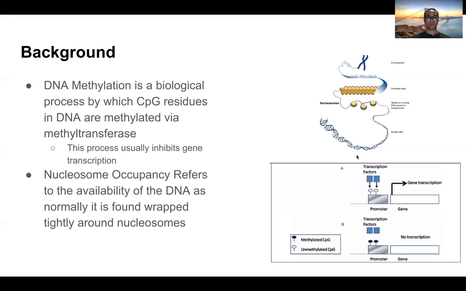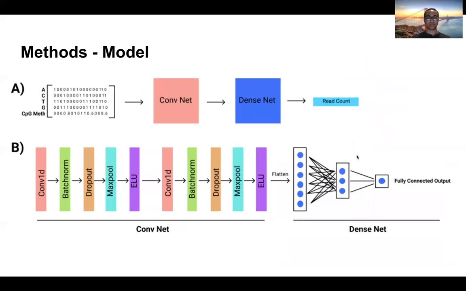So on the next slide, this is just a graphic for our model, but the general idea is to take nucleosome occupancy as well as DNA methylation information and input it into a model such that we get a read count. So our ground truth data would be the amount of times a specific gene from the mouse is being transcribed, and use that to inform whoever's analyzing the data what cell determination pathway is going on.